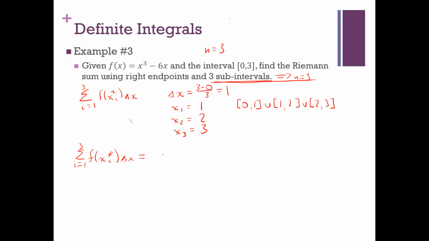All right, so this sum then is going to be three different things added together: f of 1 times 1 plus f of 2 times 1 plus f of 3 times 1. What is f of 1? More importantly, how do you find f of 1?